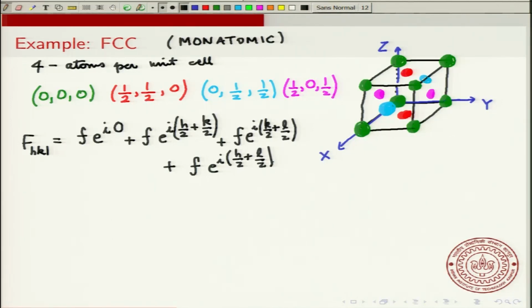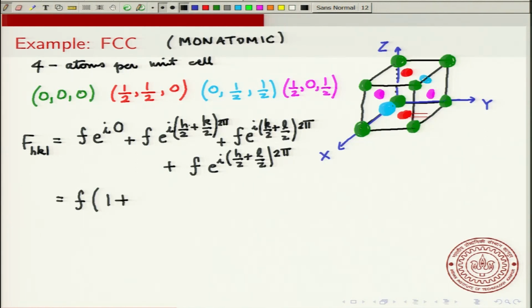Okay. Now e to the I times 0 is 1, and I have missed a factor of 2 pi. There should be a 2 pi in each of these. Okay. And now e to the I times 0 is 1, and let me just take f as a common factor, and I have 1 plus.